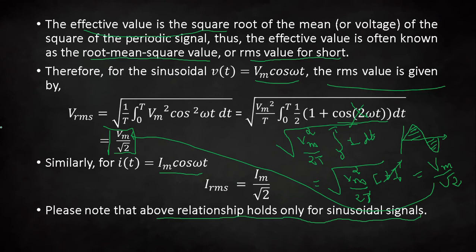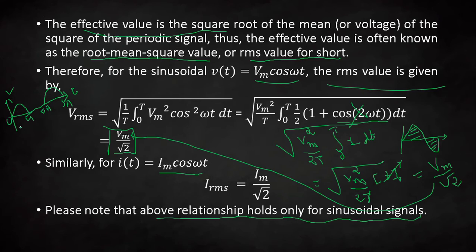Okay, let's take an example. Here is the time axis, and here your voltage is given in this fashion. It is 0 here, then pi, 2 pi, 3 pi.